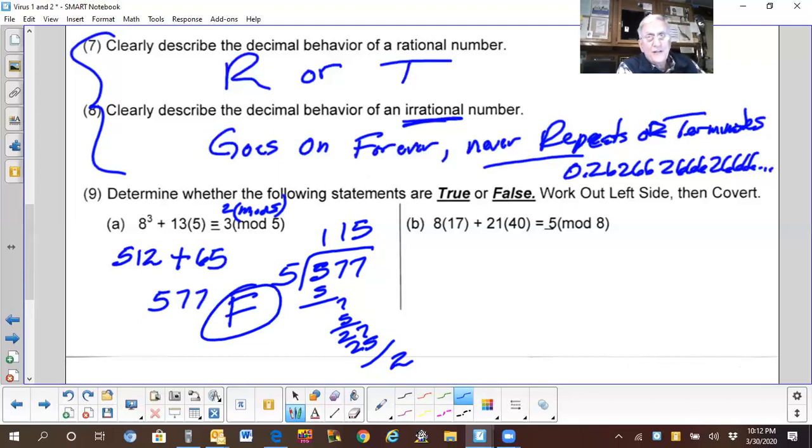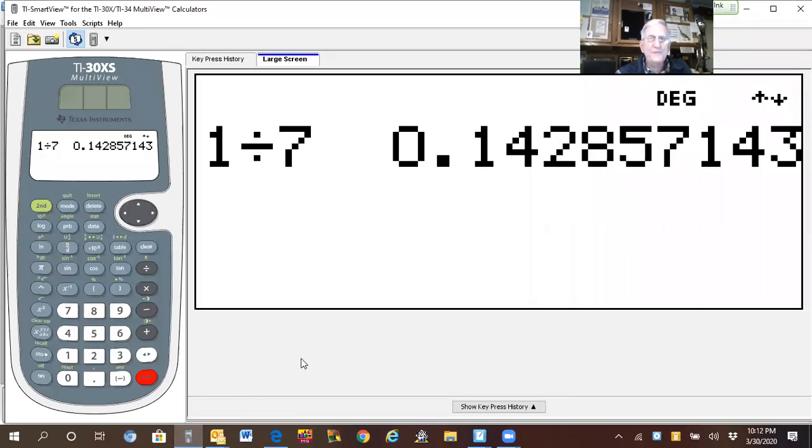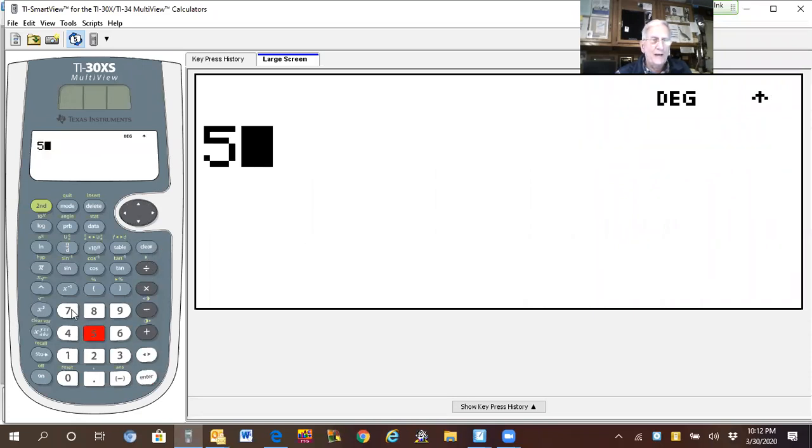Now remember, I said that you can do this on your calculator, okay? So if you take and work the problem out and use your calculator to do the problem, you could take your 577 and divide it by your mod number, 5.